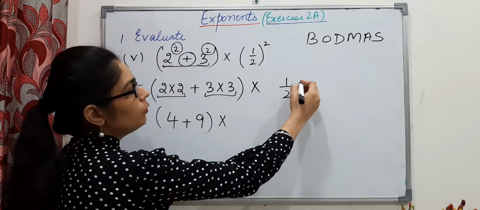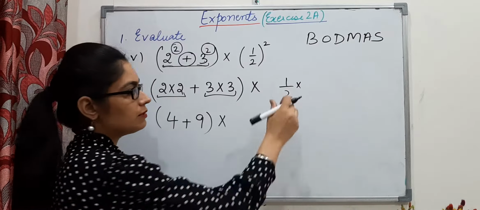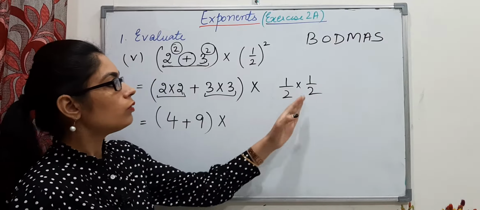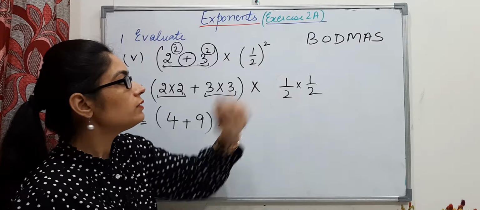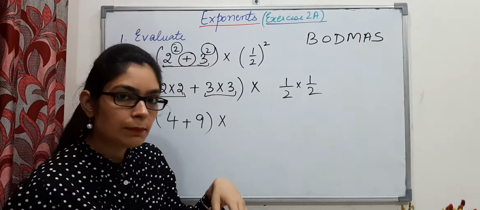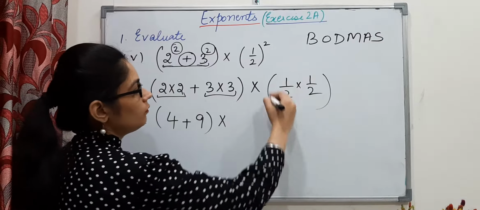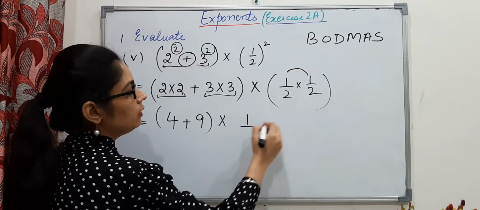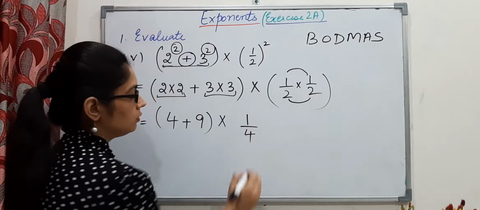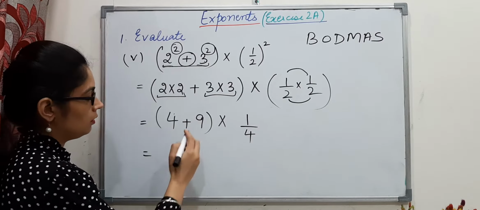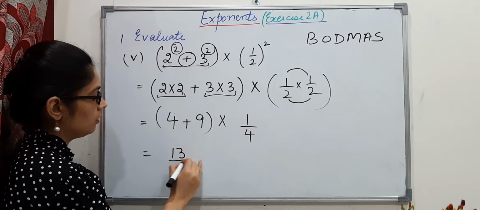So 1 by 2, its power is 2. That means this will also get multiplied 2 times: 1 by 2 into 1 by 2, because its power is 2. So the number will get multiplied by itself 2 times. So 1 into 1 is 1, 2 into 2 is 4. 4 plus 9 is 13.